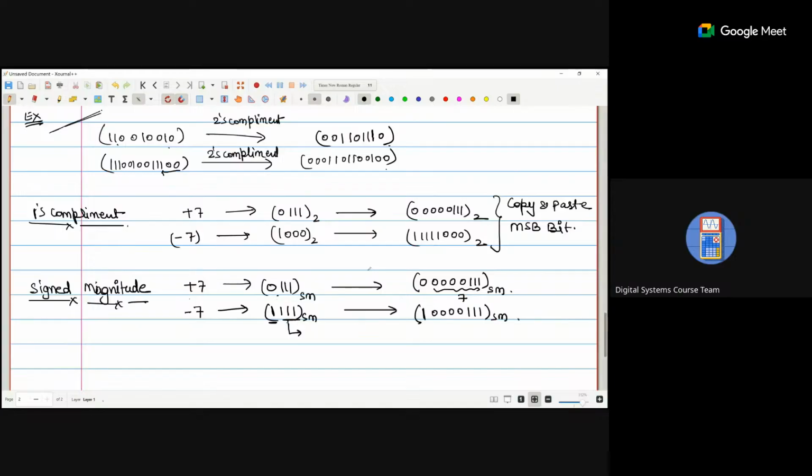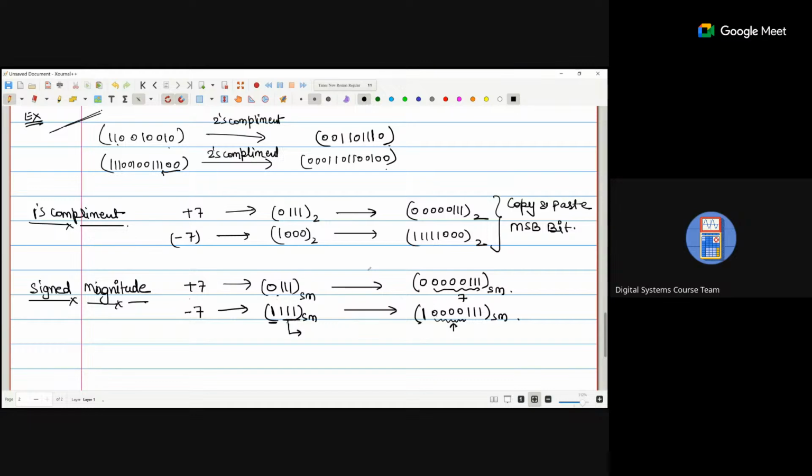So the method in one's complement, two's complement, and sign magnitude is different. Ones and twos are same. In the case of sign magnitude, we always enter 0, because if we enter ones, the number would be changed.